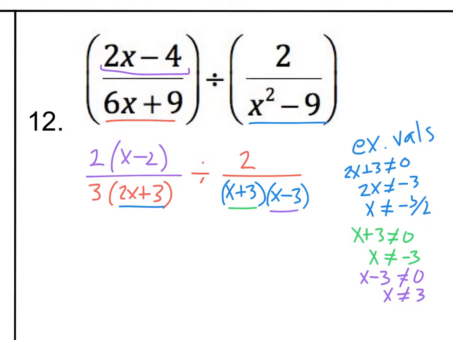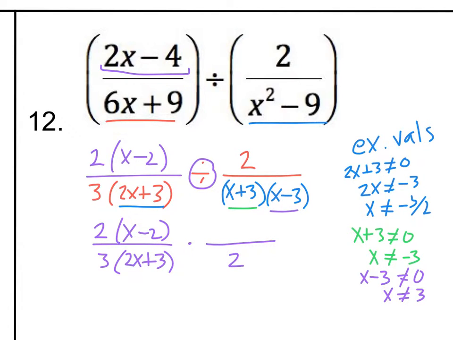All right, now I've got to deal with the divide. I know that I keep the first part the same, so 2 over x minus 2 over 3 times 2x plus 3. Change this to a multiplication, then we're going to make this the reciprocal. We get 2 on the bottom, and we get x plus 3 and x minus 3. Cancel out my 2's.